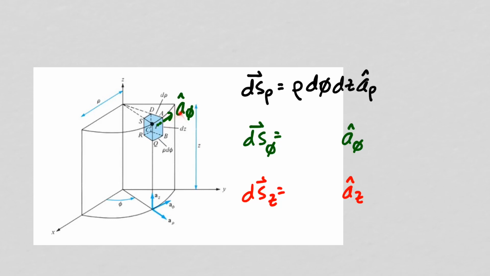Here is the unit vector in the phi direction, and the surface it is perpendicular to is A, B, C, D. And that surface has area d rho dz. Here is the unit vector in the z direction, and it is perpendicular to the surface ACSD, and that surface has area d rho, rho d phi.